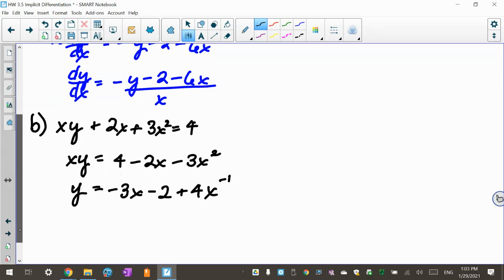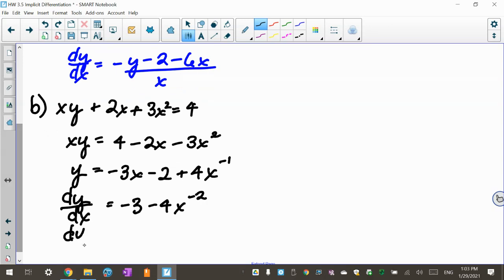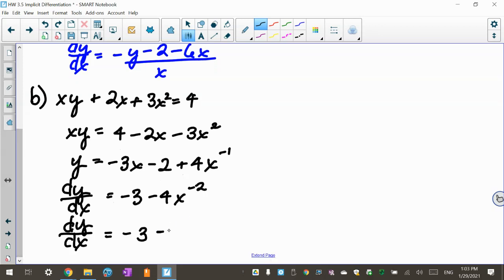Now I'm going to do the derivative explicitly. Now we usually use y prime, but we're going to use dy dx is going to equal negative 3. Okay, this is 0. Then it's going to be 4 minus 4x to the negative 2. So when I write this again, dy over dx equals negative 3 minus 4 over x squared.